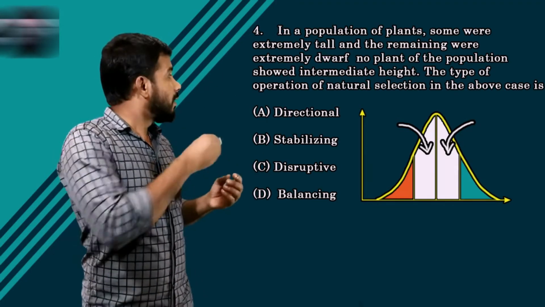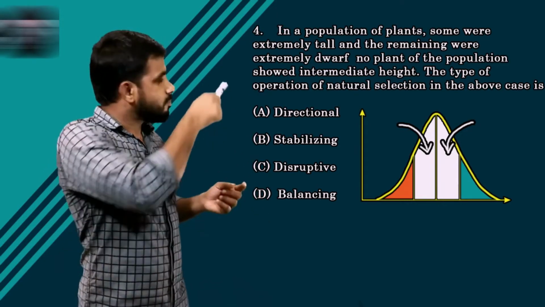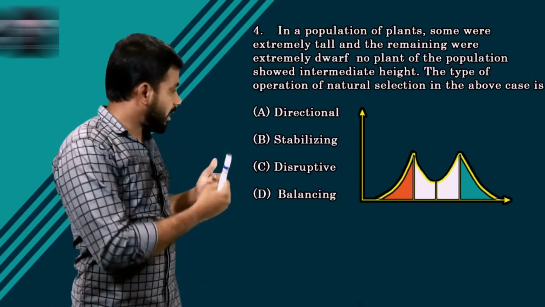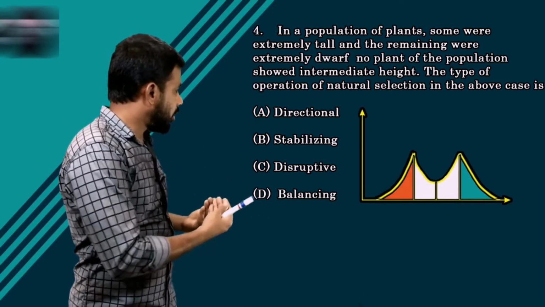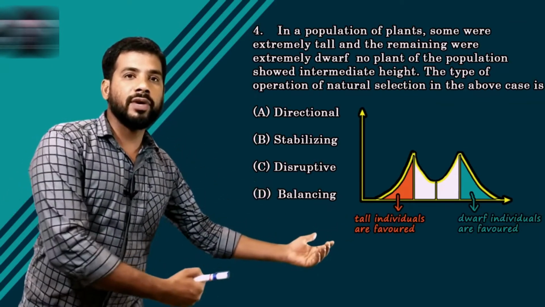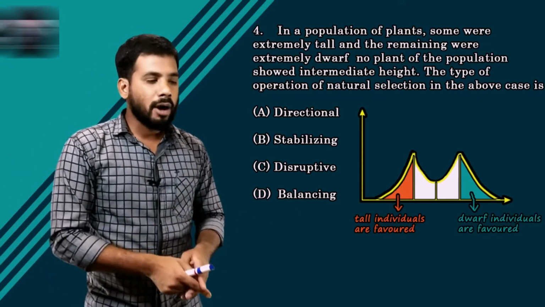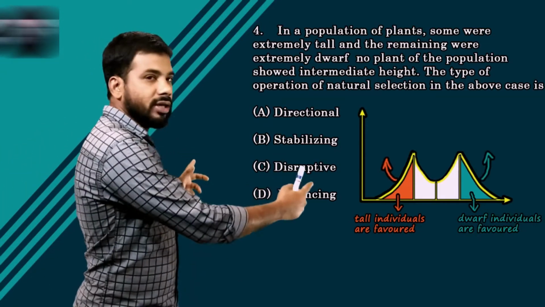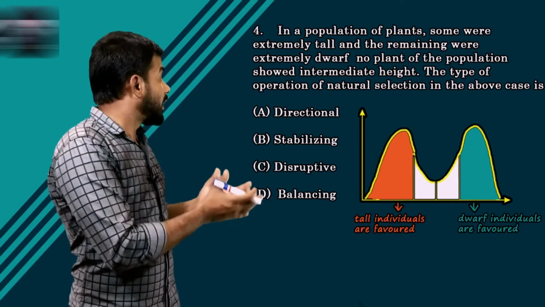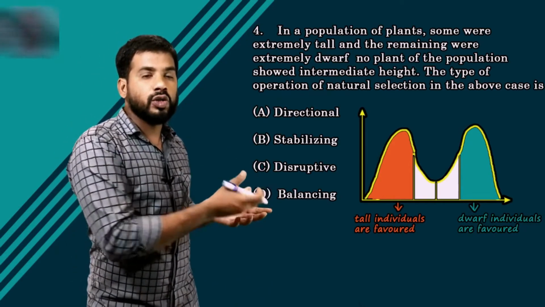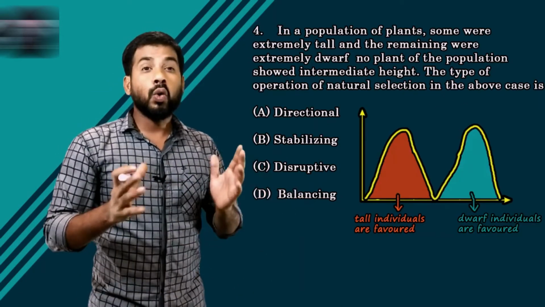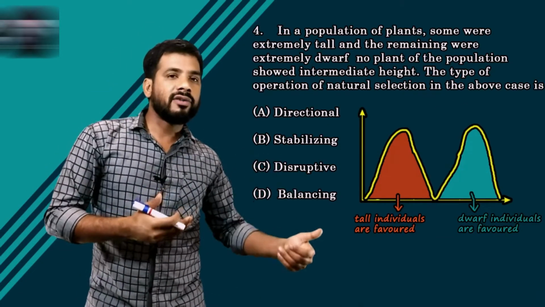That means the medium sized individual population decreases, and at the same time as the environment or nature supports the 2 extremes, that means the very tall and the very dwarf, their population gradually increases and the curve looks like this. And finally, the individuals with medium height will be completely eliminated from that area and only individuals with tall and very dwarf characters will be there.